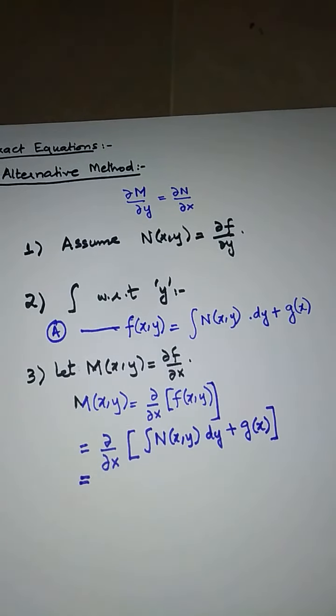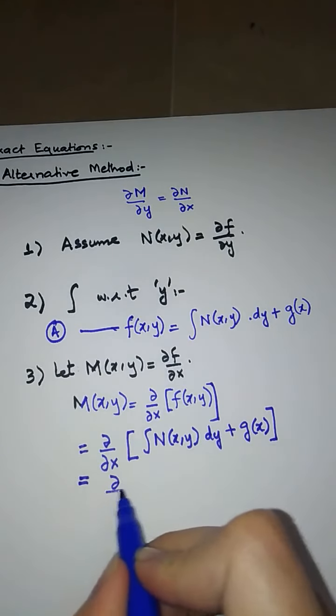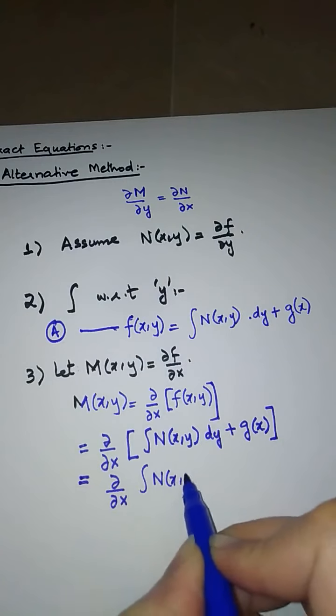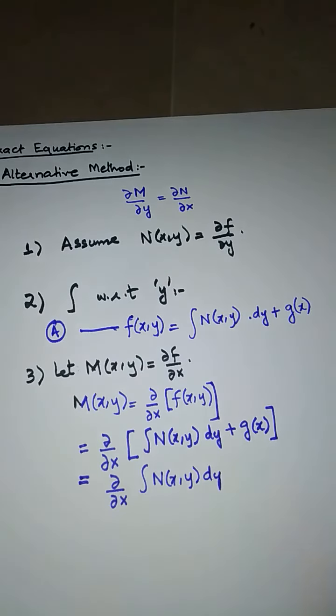We don't have a specific function, so it remains like this, partial by partial x of the integral of N(x,y) dy, and g is the only function of x.